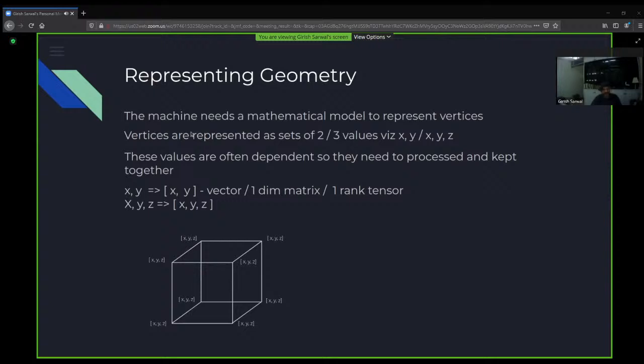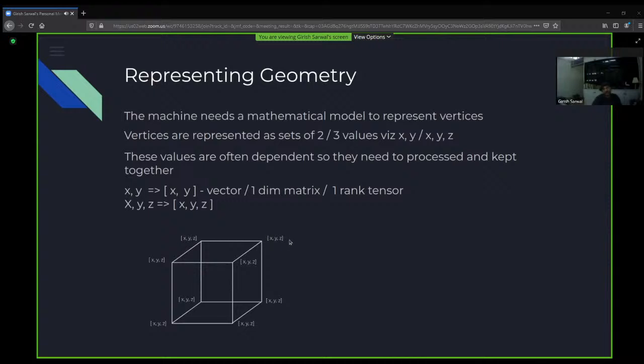So you would typically make 2 vectors, and then you could add them, you could multiply them, you could do a lot of things with them. So when we keep X and Y together, we typically call it a vector. It is also essentially nothing but a one-dimensional matrix.